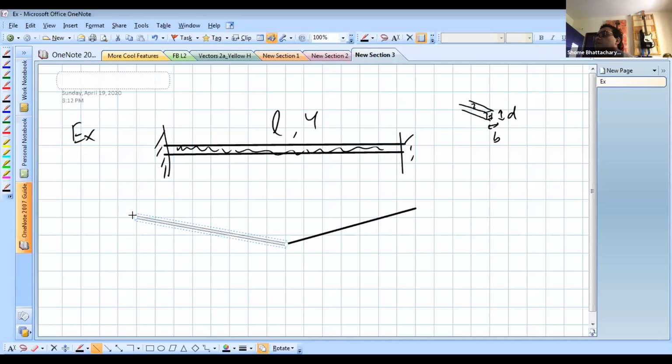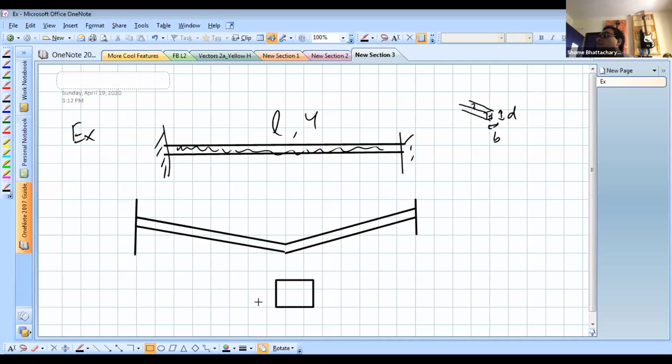Let's say it becomes something like this. This is an exaggerated drawing, which assumes it's not so thick. It's more like a thin wire kind of thing, but it has a rectangular cross section. So it sags because of the weight that we put at the center.